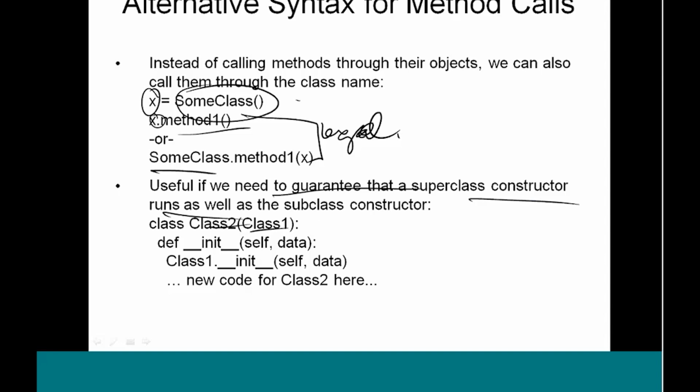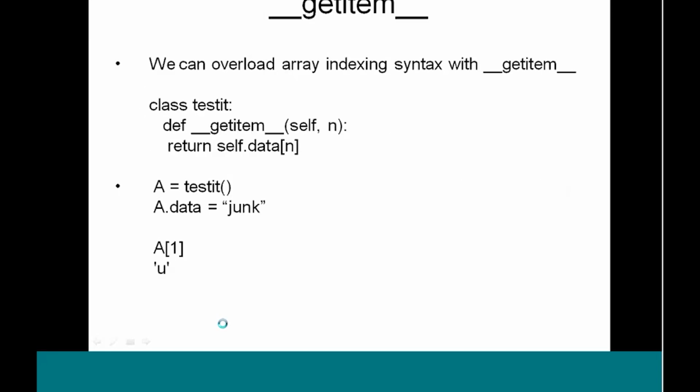And then here we can define __init__ for self.data, and we can also just mention class1.__init__, which directly refers to the one that is before, and then you can say insert the class 2 code here.